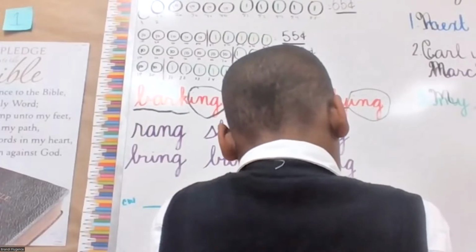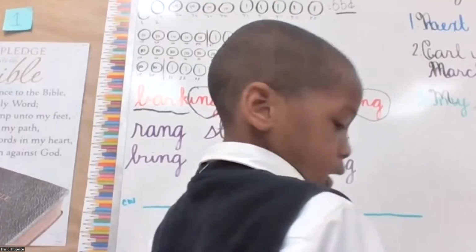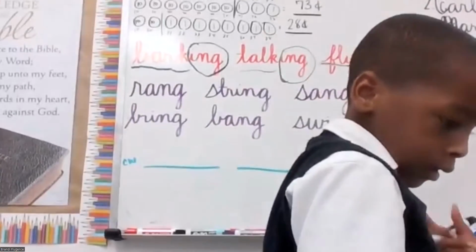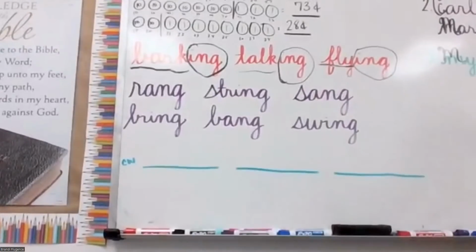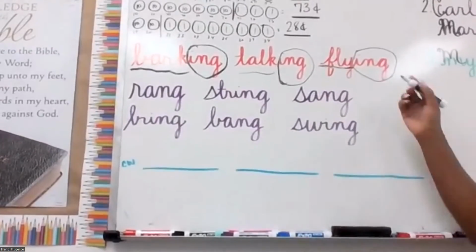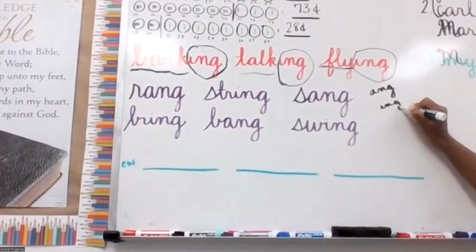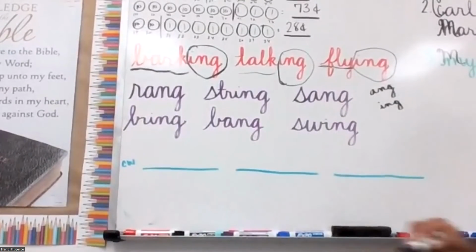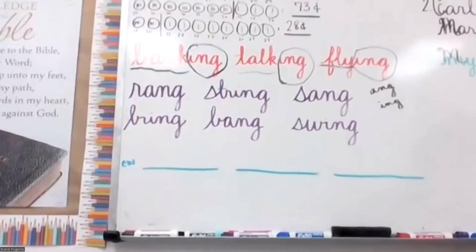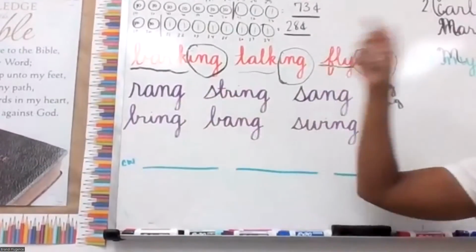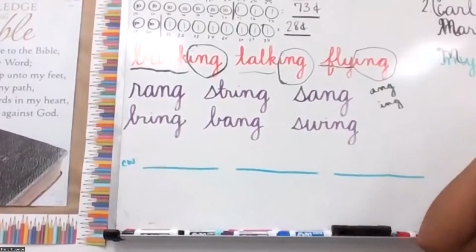Okay. All right, so let's go ahead and review sounds A-N-G, ang. I'll let you guys come back and do it again. A-N-G, ang, and I-N-G, ing. So we have A-N-G, ang, I-N-G, ing. All right, David, come on, circle the sound in the first one and read the word for us.